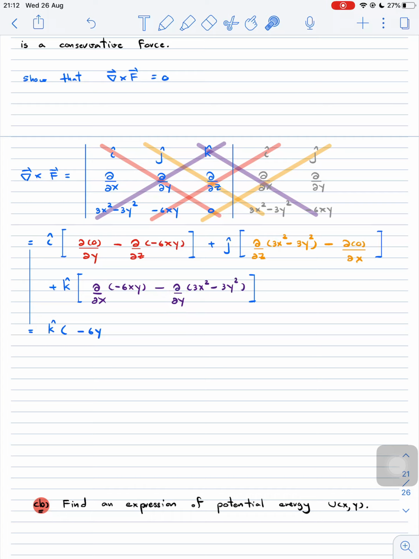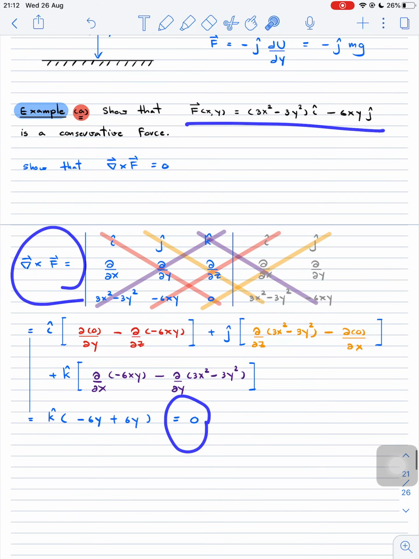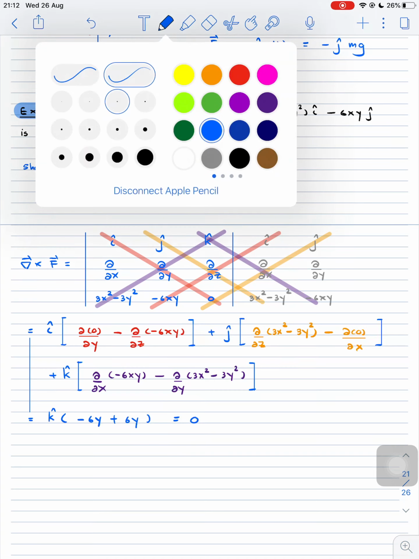Minus and minus here is going to be positive. The 2 goes down with the 6, and then plus 6y here. So finally it equals 0. Now you can see that the curl of F equals 0, so this force is conservative.